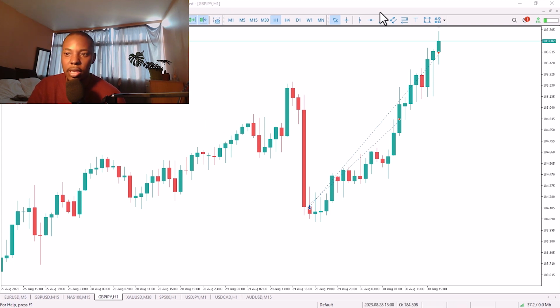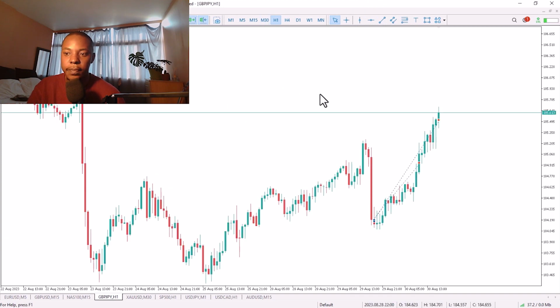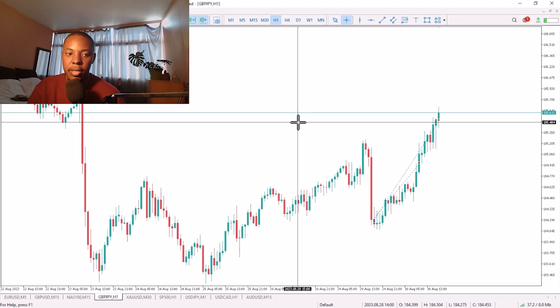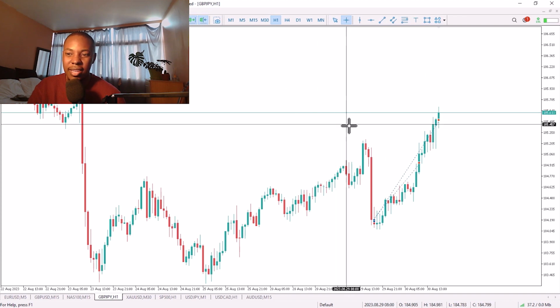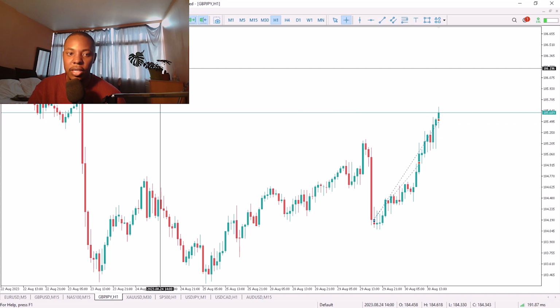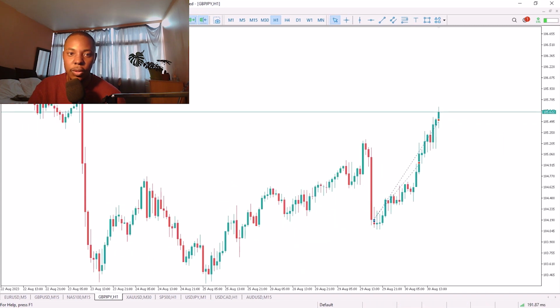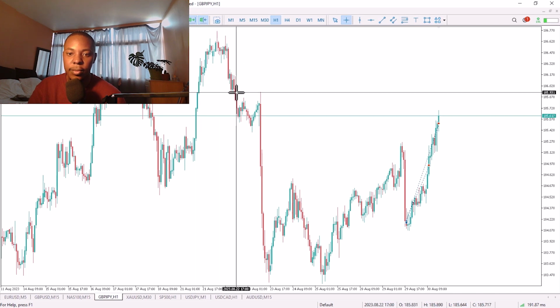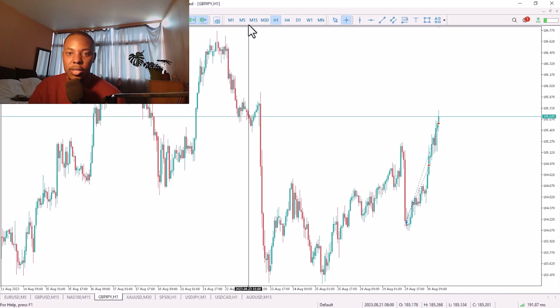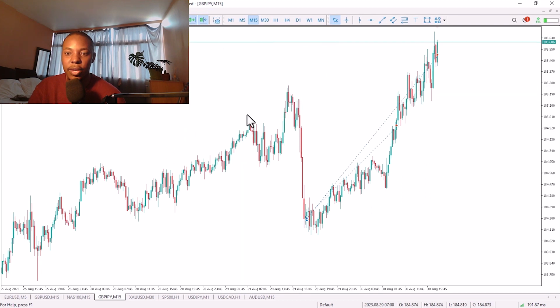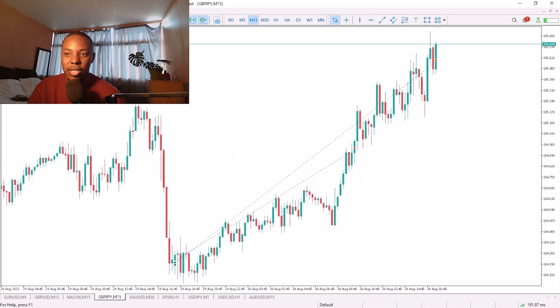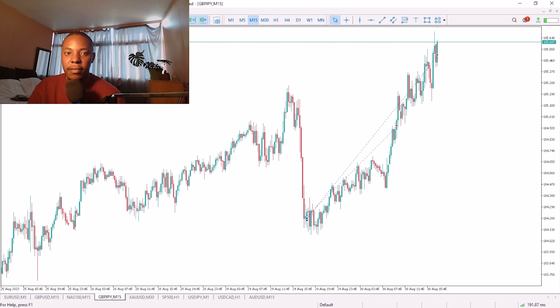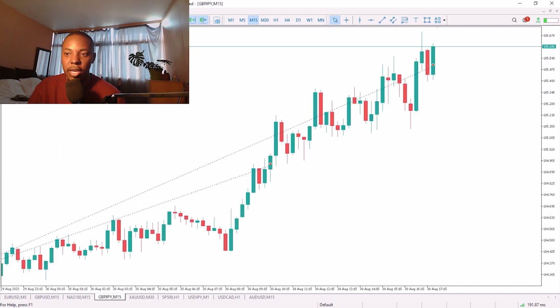Actually just exited the trade right now. As you can see, normally my TP was around this area here. So I actually extended it. I wanted to hold until here, take some more partials here, and then take some more partials here. But I just decided to close that trade. I don't want to find myself holding it again for more than 2 days.